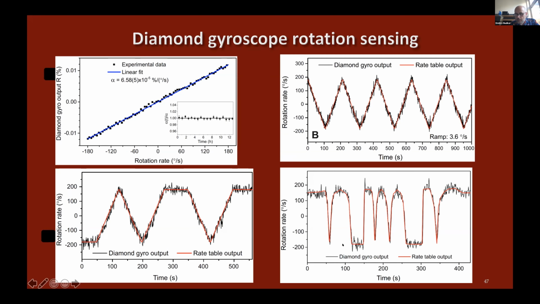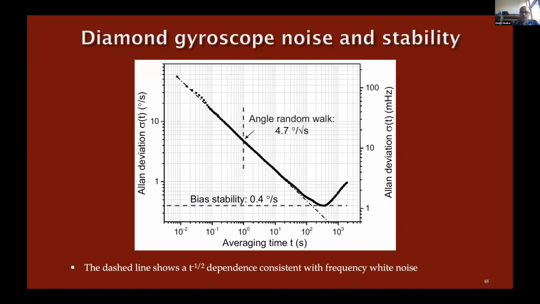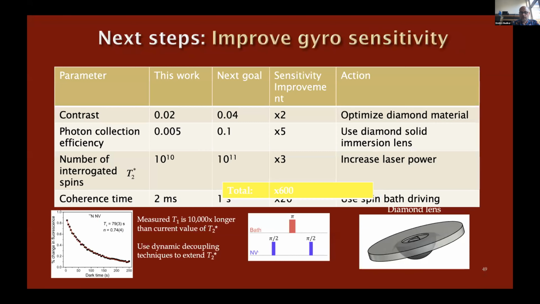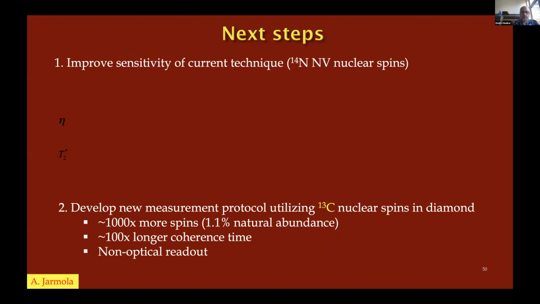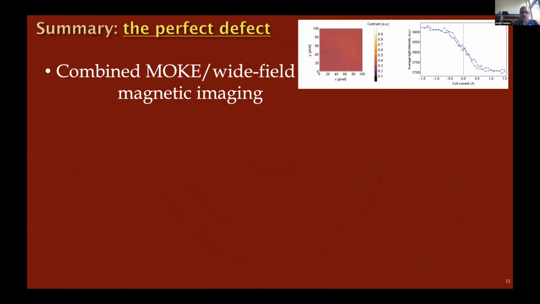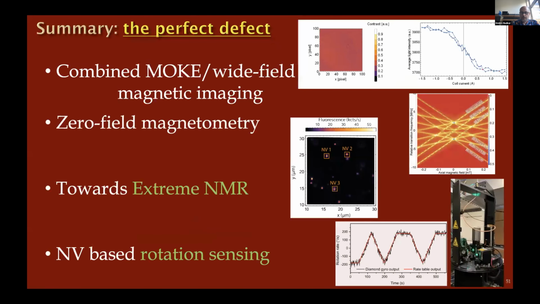Or even, this is less impressive, but maybe if you look here, you can read NMR, okay? All right, so this is working as well as we expect, and we still have a lot of room for improvement. And I'm not going to tell you how we're going to improve it, but here is my summary slide.